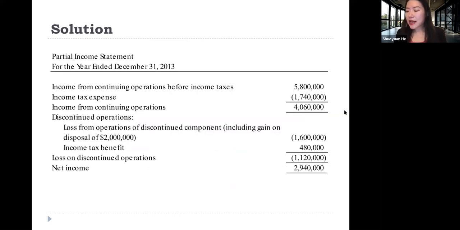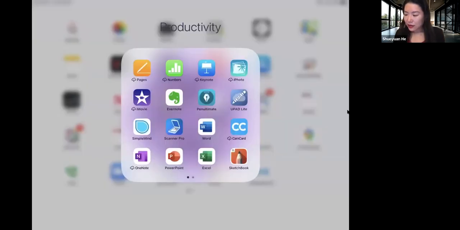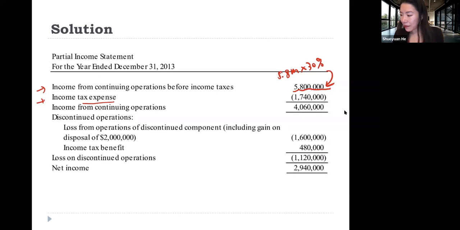So this is how it looks. We begin from income from continuing operation before income tax, which is 5.8 million. And then we take out income tax expense, which is 5.8 million multiplied by 30% tax rate. This is how you get this number.